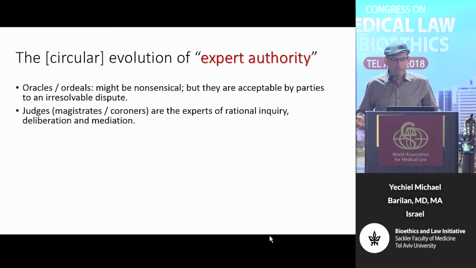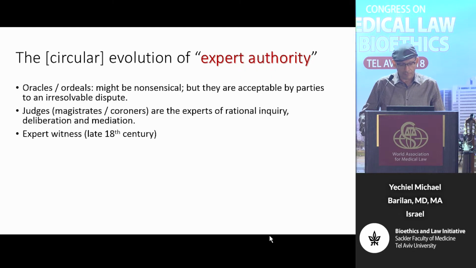But civilized societies resorted to judges. Judges were the expert. They were expected to exercise rational inquiry and moderation and try to achieve compromise. And this is the classical model for conflict resolution in civil society and democracy. Expert witness entered the legal system in the 18th century in common law, with engineering, not medicine at all.